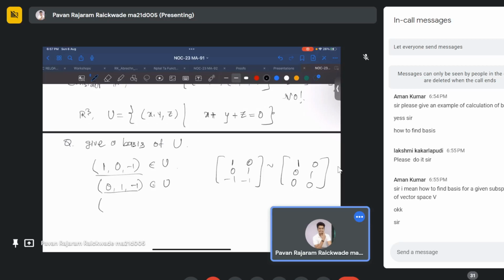Now you add one more vector, maybe 1, minus 1, 0, which also belongs to U, and then you see if these three vectors are linearly independent.